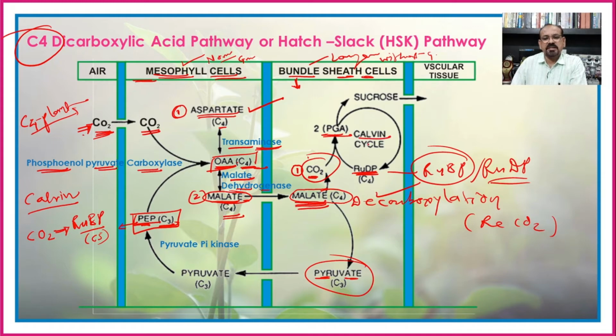So that is the Calvin cycle. In C4 plants, the Calvin cycle is carried out in the bundle sheath cell, and the C4 pathway is carried out in the mesophyll cell.